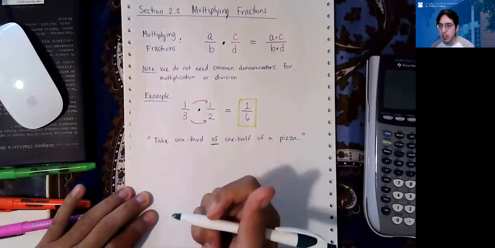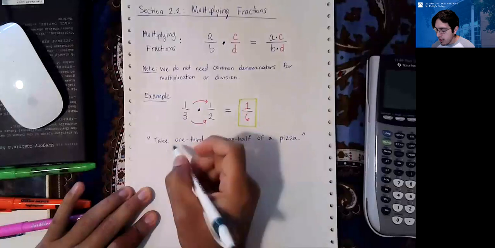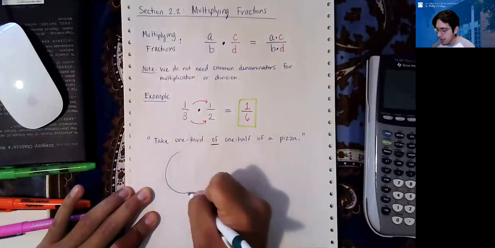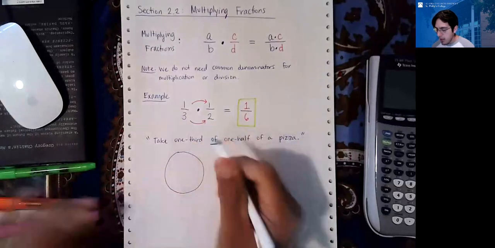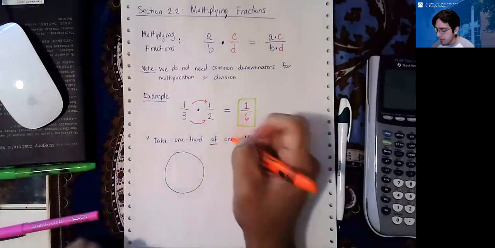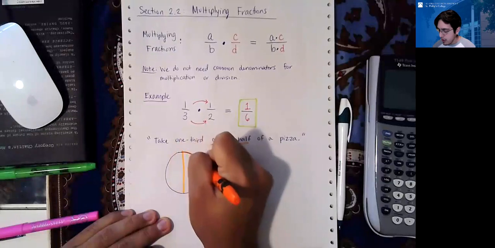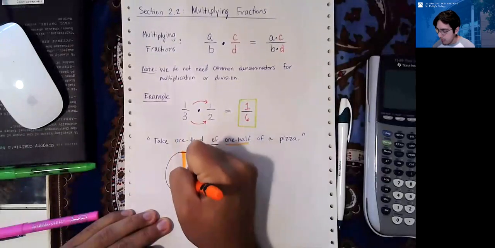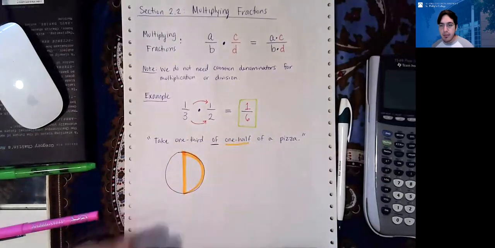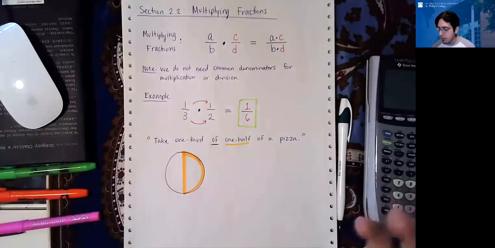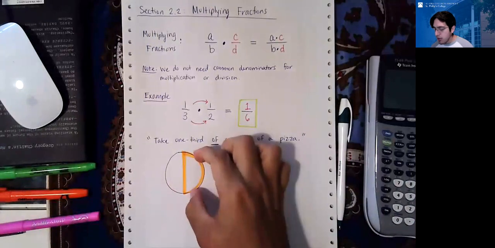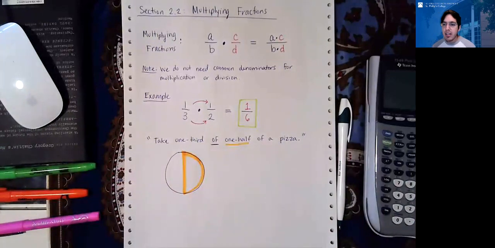And if we're taking 1/3 of 1/2, you can interpret that as, let's draw a pizza here. And we just have 1/2 of the pizza, right? So we really just have this half over here. Okay. That highlighted orange portion. That's our half. And if we wanted to take 1/3 of this, we would cut it up or divide it up into thirds.